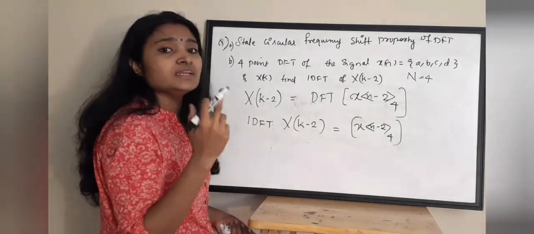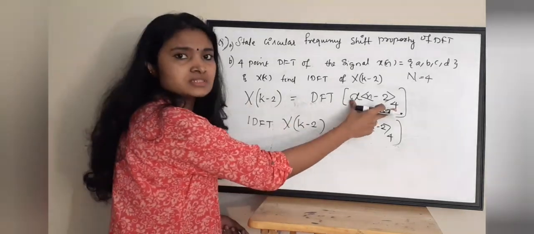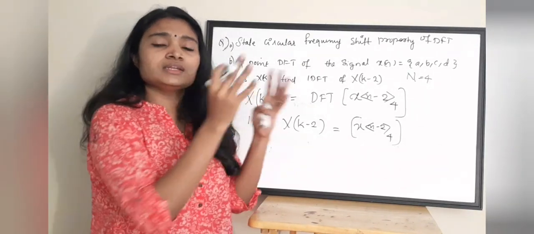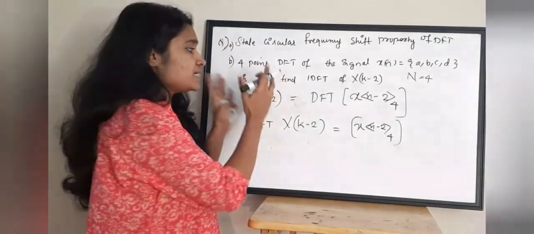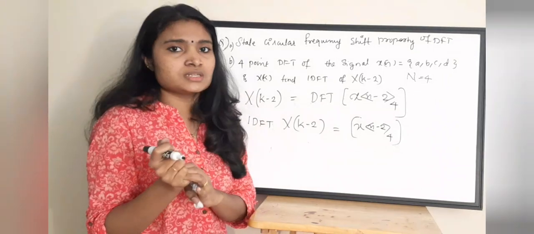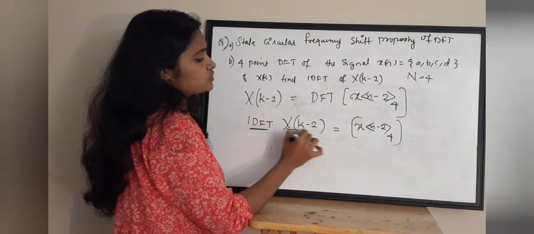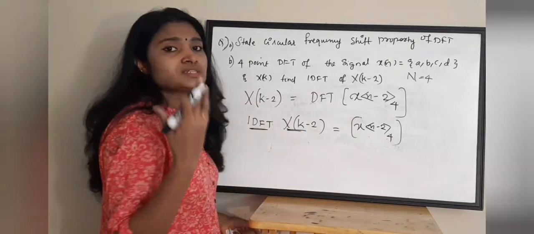Then what will be the IDFT of this? It means this original sequence, right? If you take the DFT of our original sequence and get some sequence, and you want to find the IDFT of that sequence, it will be your original input sequence. So the IDFT of this X of k minus 2 is your x of n minus 2. I hope it is clear.